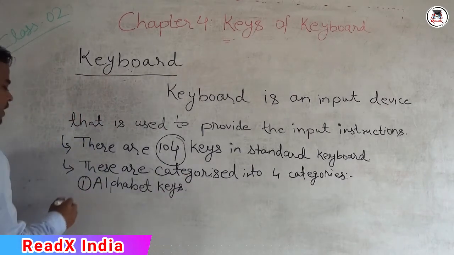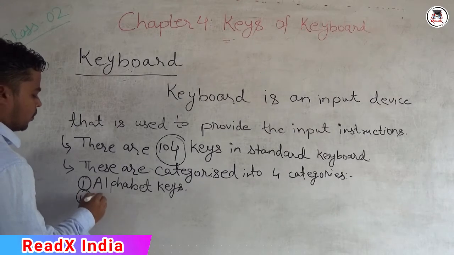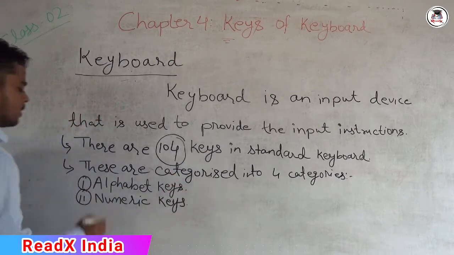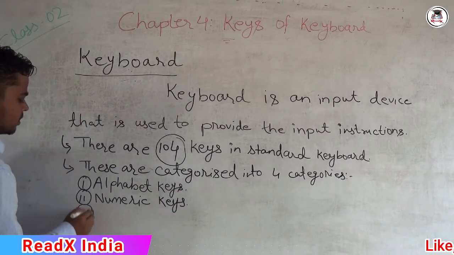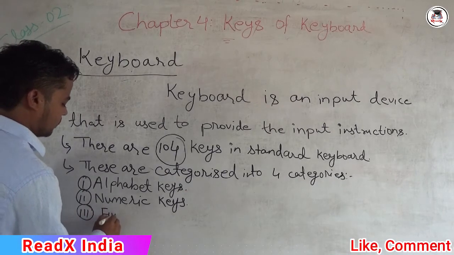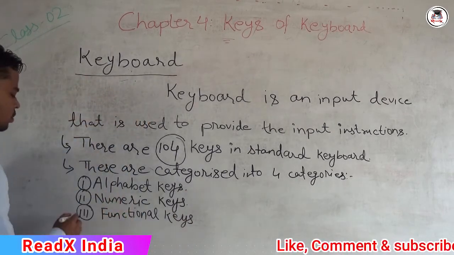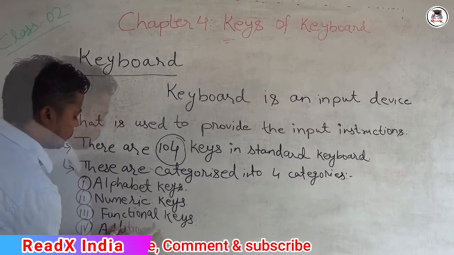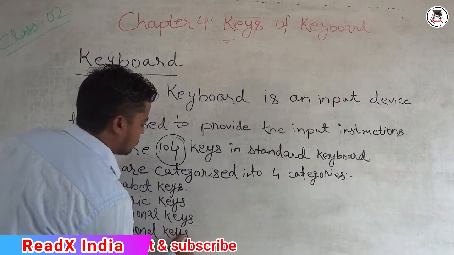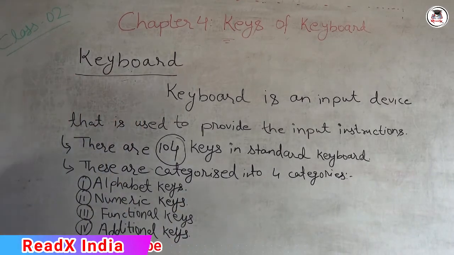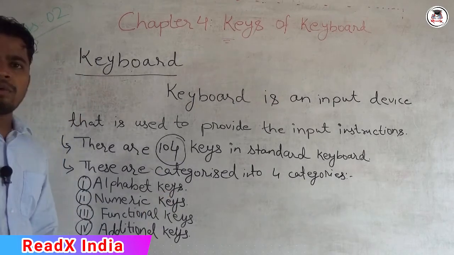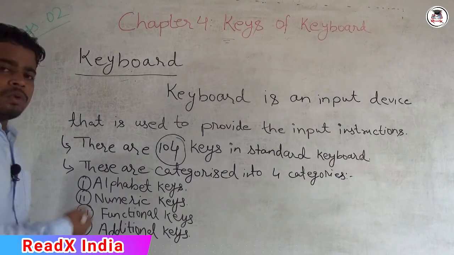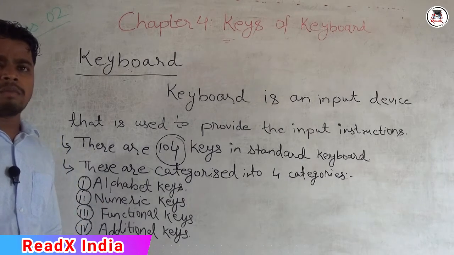Second one is numeric keys, and third one is functional keys, and the fourth one, that is additional keys. Fine. So there are basically these four type of keys we do have in our computer system. Okay, so now let us see all these one by one.